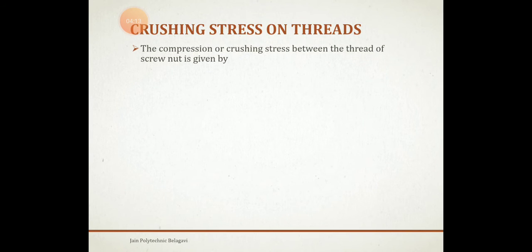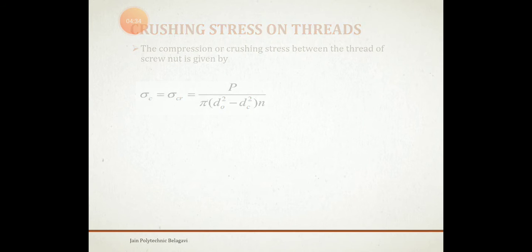Next, crushing stresses. Crushing stresses are also called compressive stresses, and are given by the formula sigma c or sigma cr equal to P divided by pi into (do square minus dc square) into n, where n is the number of threads in contact.